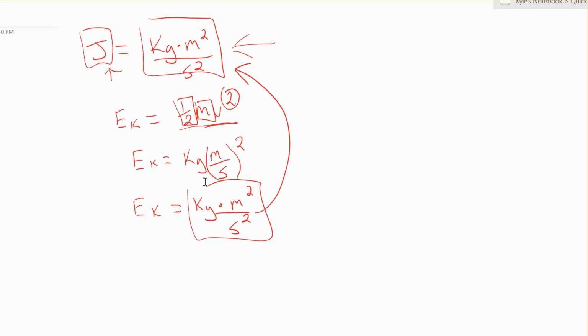Alright, I just want to show you now how we can get the exact same thing from potential energy. So potential energy, EP, is equal to mgh. If we figure out the units, mass is kilograms. The units for g, if you remember, that's an acceleration, that negative 9.81 meters per second squared.